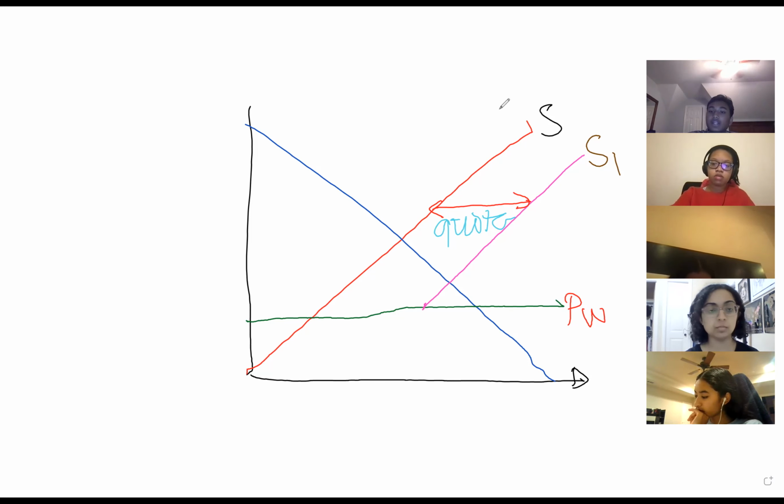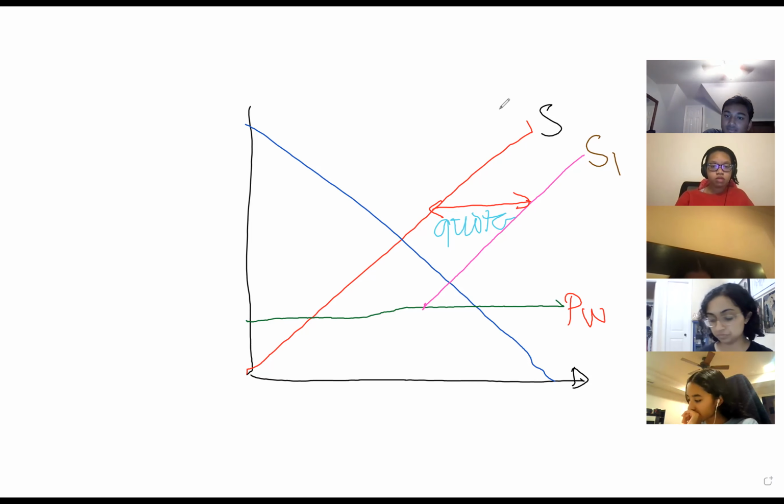So I'm going to shift it to the right because my quantity is increasing at every single price. Your quota would be how much you really shifted your quantity. Does that okra example make sense?